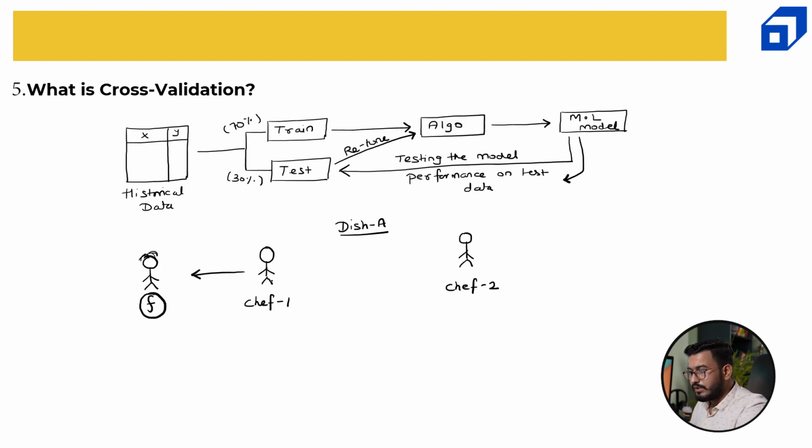And chef 1 always receives the feedback from the same friend. So this is feedback.